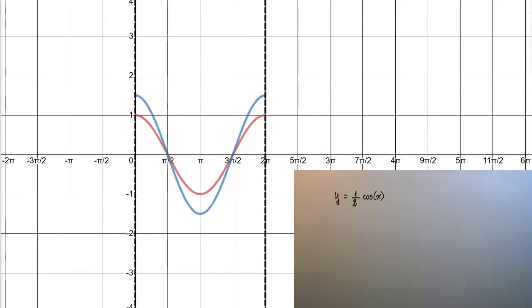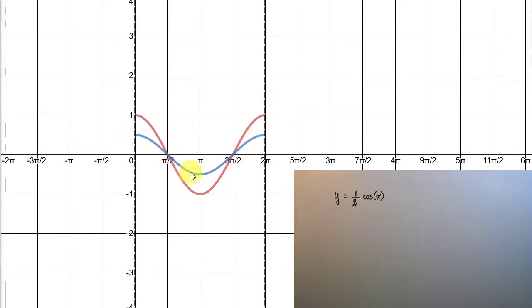So here I'm going to change my m value. Now as I hit 0.5, which is 1/2, look at how it changed the shape of my blue curve. This blue curve is the curve for 1/2 cosine of x.